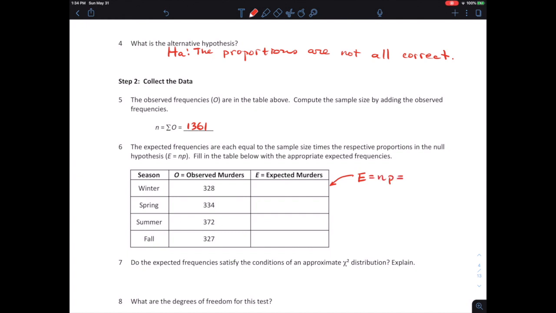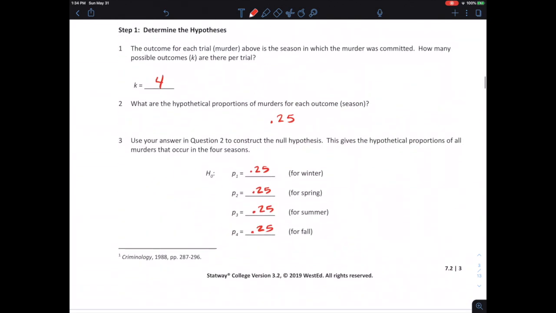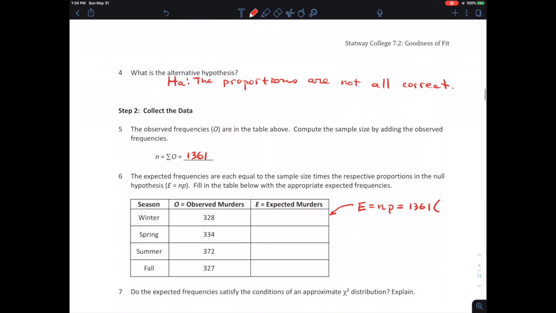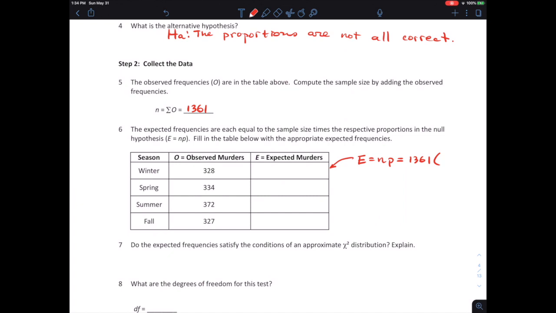Okay, so n was 1,361. And then the p's are the proportions, and of course they can vary, but right now they're set as 25% for each season. So we'll just multiply each of the 1,361 by 0.25.